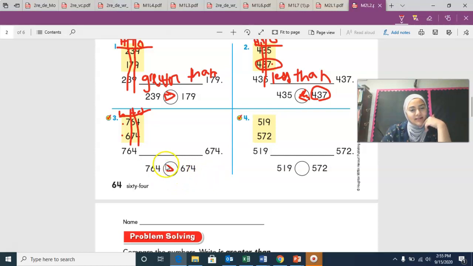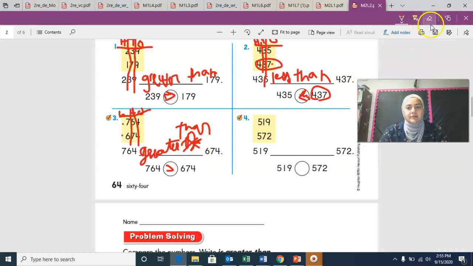We use the greater than sign, so here you're going to write greater than. It's really hard for me to write with this mouse. Greater than. That's that. I'll reset for you. There.